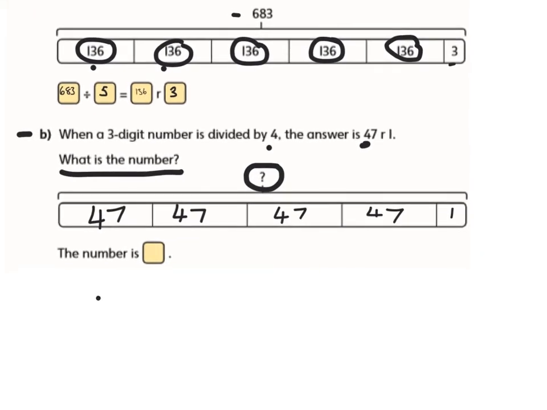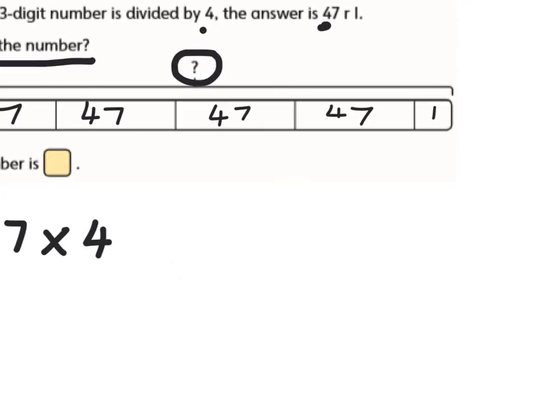So we could do 47 times 4. So let's work out that calculation down here. 4 times 7 is 28. 4 times 4 is 16.